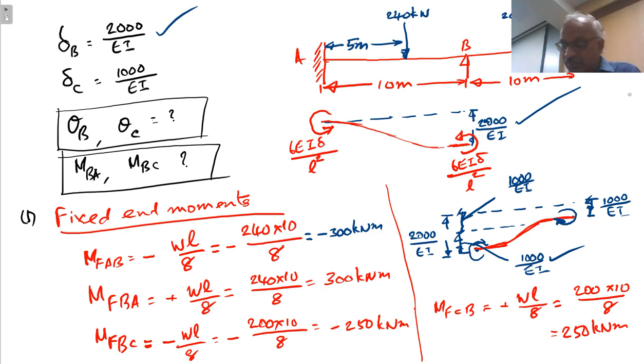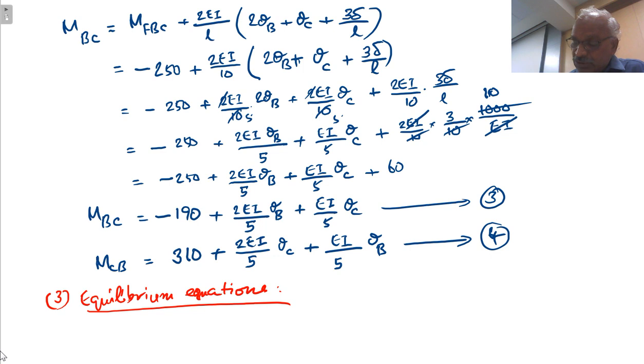So M BA plus M BC equal to 0 is one equilibrium equation.